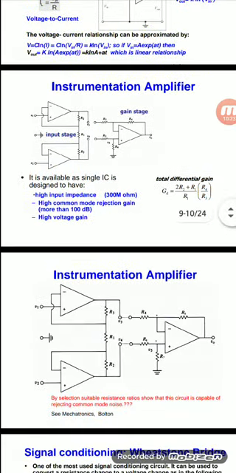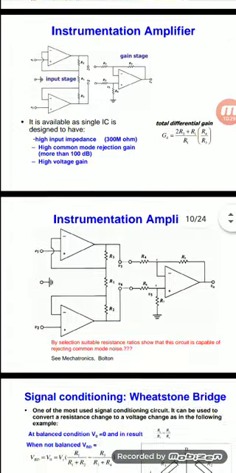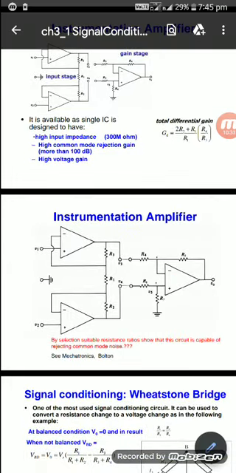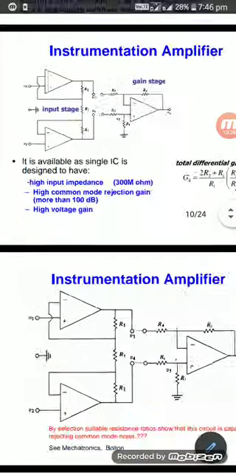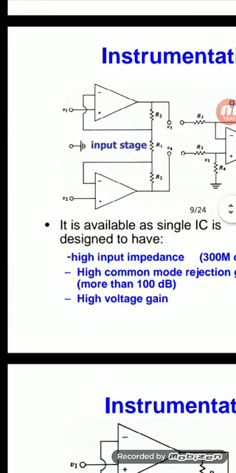The instrumentation amplifier totally depends upon the gain stage and input stage. Input means we are giving some logic, that means V1 and V2. To V1 we interface some voltage, and to V2 we interface some voltage.